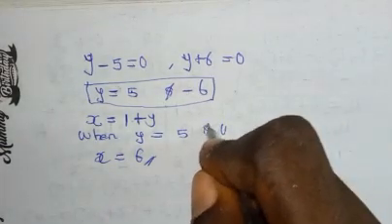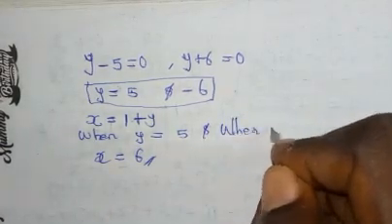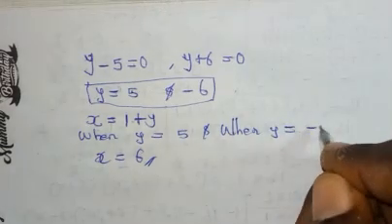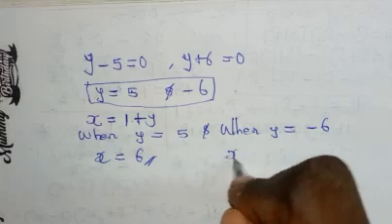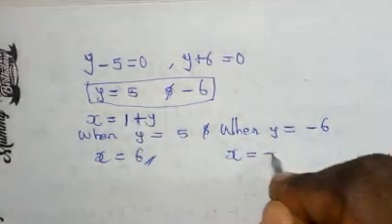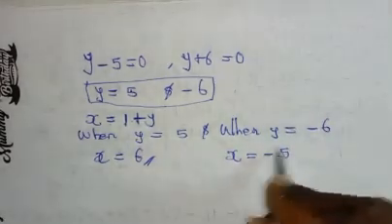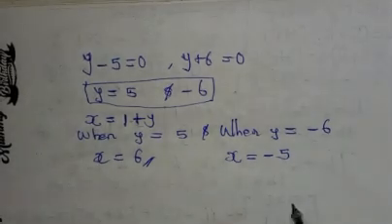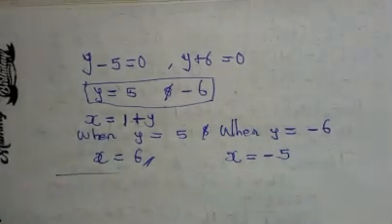And when y is equal to minus 6, x is equal to 1 plus minus 6, which is minus 5. So starting with the first one, we have gotten the solution.